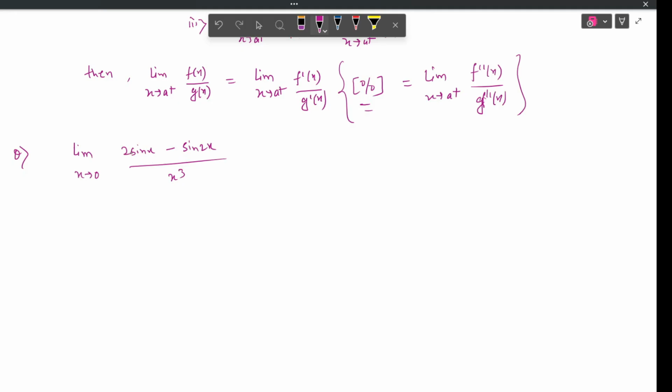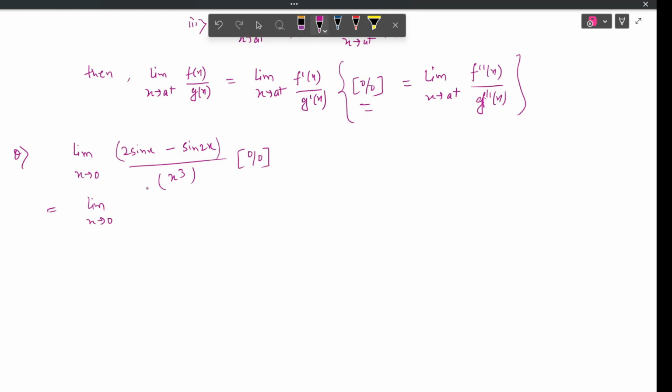If you look closely here, sin 0 is 0, sin 2x at 0 is 0, and the denominator is 0. So it is the 0 by 0 form. That means we have to apply L'Hospital rule. So what is the rule? Derivative of the numerator separately and derivative of the denominator separately.